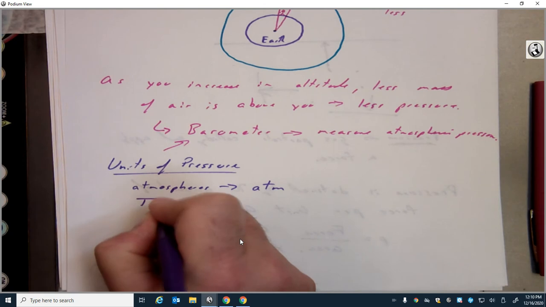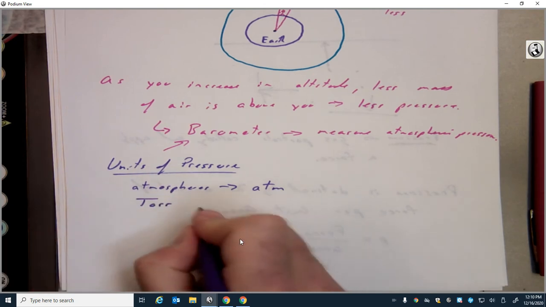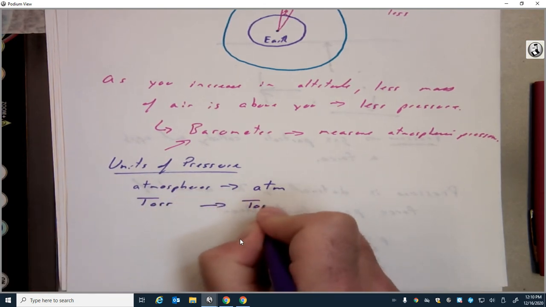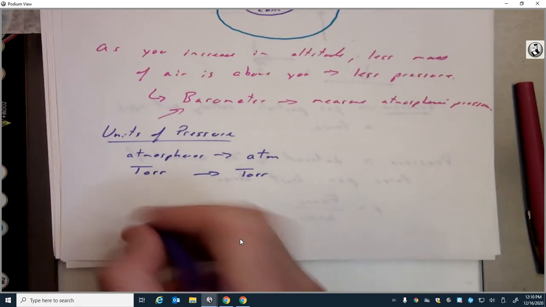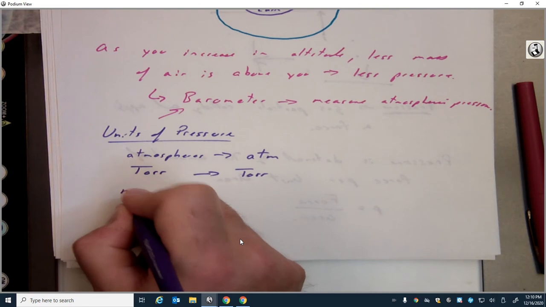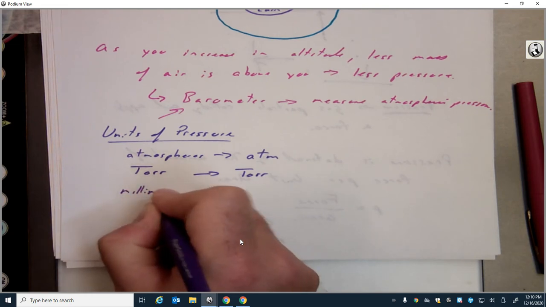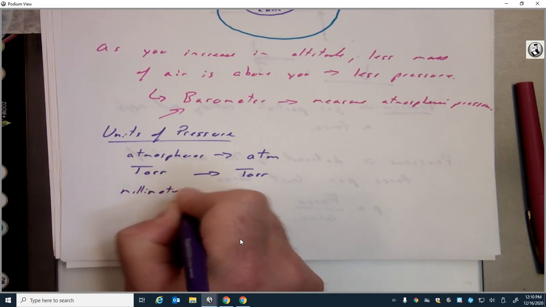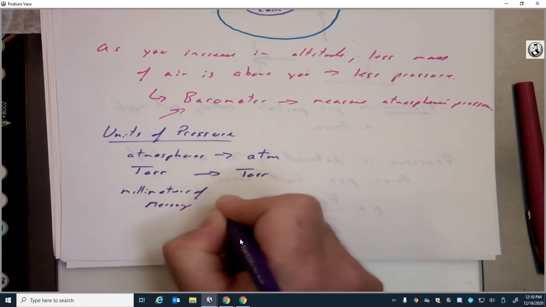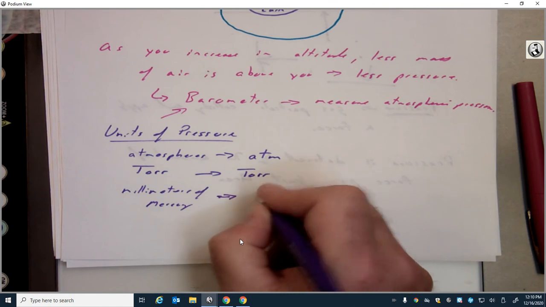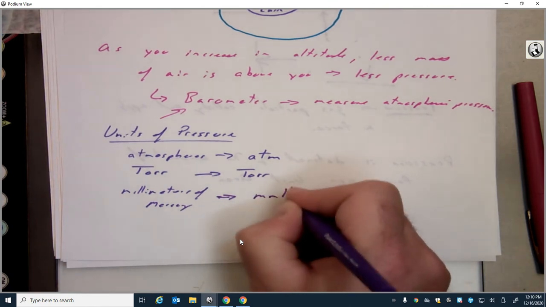You'll see torr, which is an old English unit. We'll use millimeters of mercury, and that's mmHg.